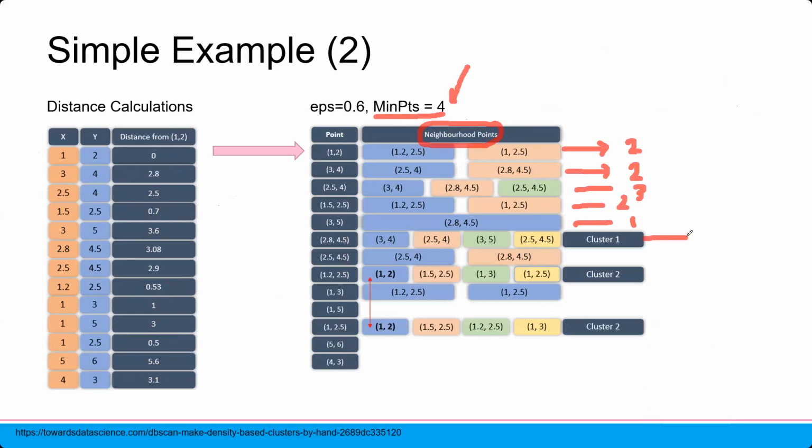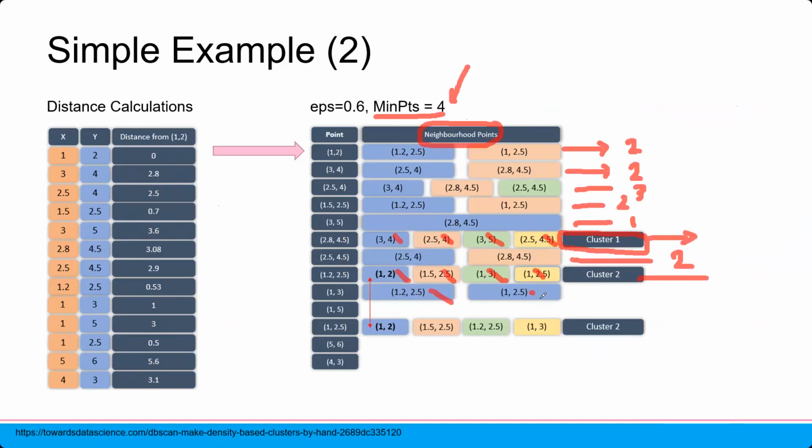How about this? We have 1, 2, 3, 4. Then we can say that this is one cluster. This one has 1, 2, 3, 4. We call this a cluster.